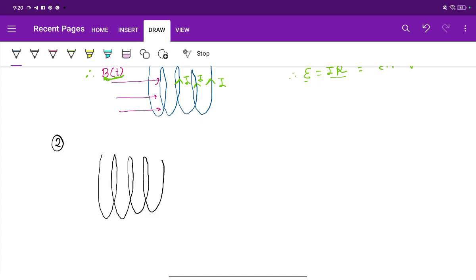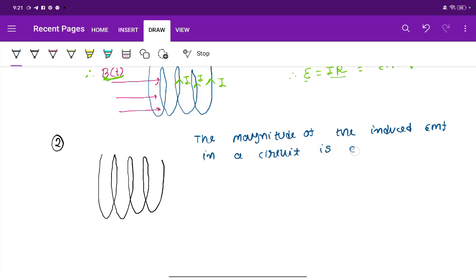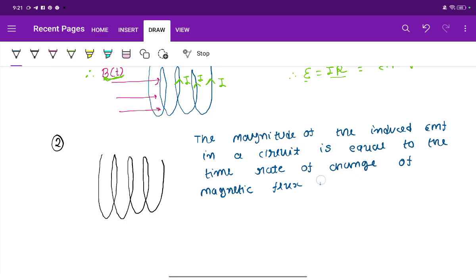So the statement is this: the magnitude of the induced EMF in a circuit is equal to the time rate of change of magnetic flux through the circuit.